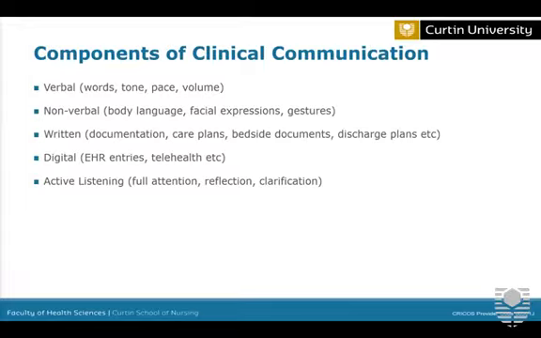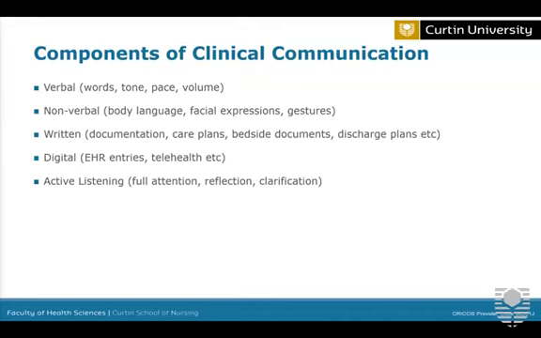But there are also some electronic or digital records that are already used in some of the additional contexts in which we work. For example, residential care uses a digital format for all of their residential records. Telehealth also uses digital records.